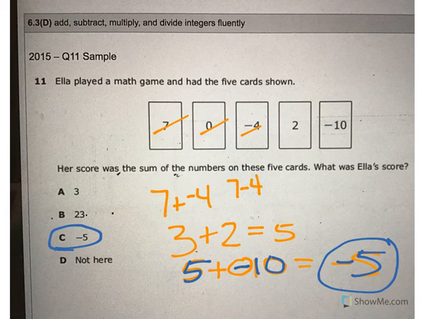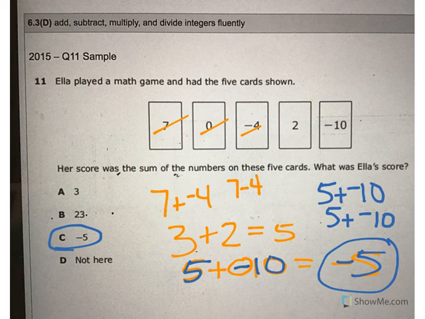So one thing I'm going to say, if you're doing 5 plus negative 10, the way you would enter this in the calculator, you would hit 5, addition, and now for the negative 10, you're not going to hit the subtract button, you're going to hit the negative button. And where is the negative button? It depends upon the calculator. Just ask your parents or look it up online.